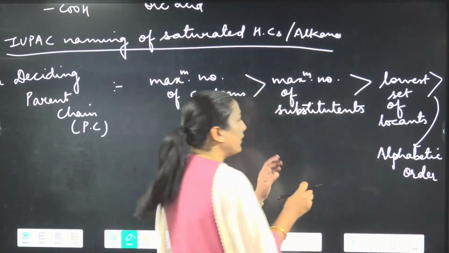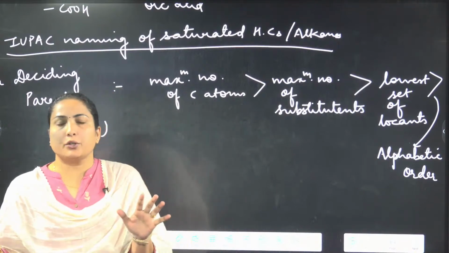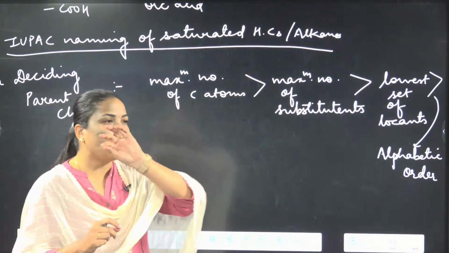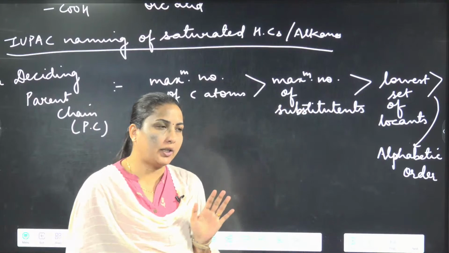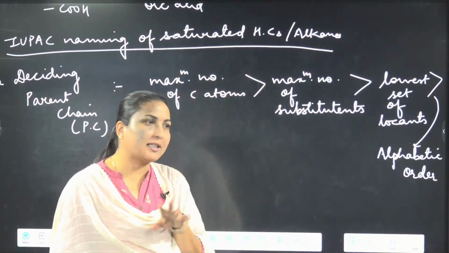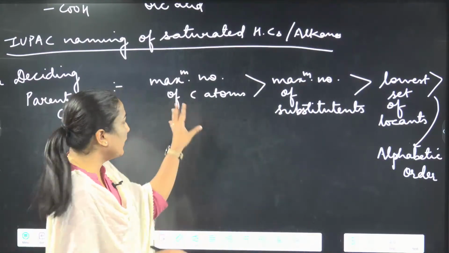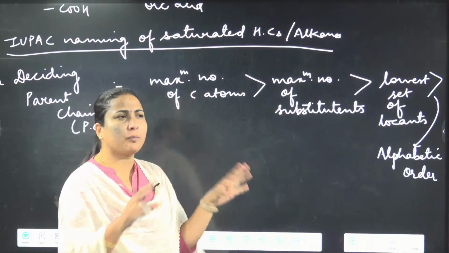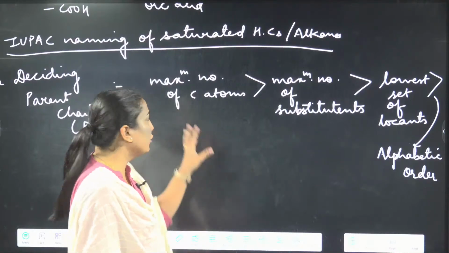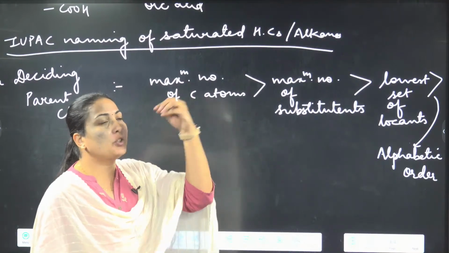That means you try to understand like this. First of all, whatever molecule is given to you, you try to see which is the longest possible carbon-containing chain. You can get it horizontally or by some zigzag path, so you have to check from all directions. Now suppose from all the possible directions you checked and you got the same number of carbon atoms, so there are two chains giving you a tie.